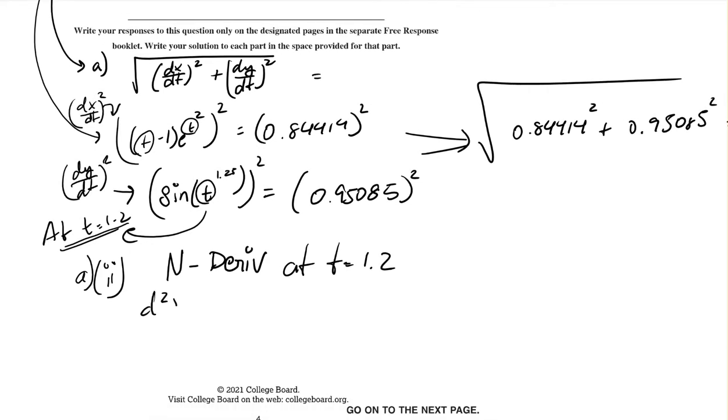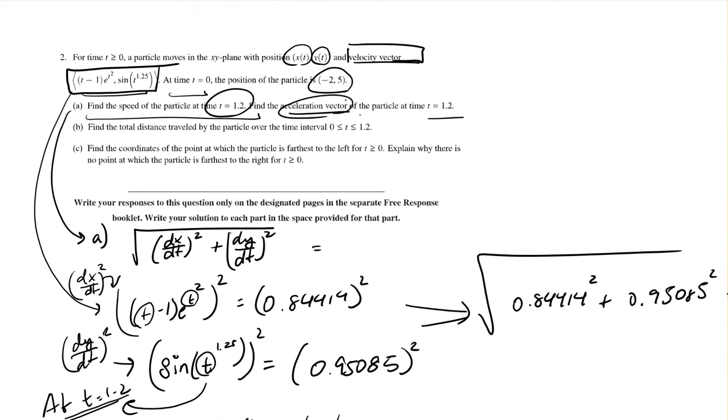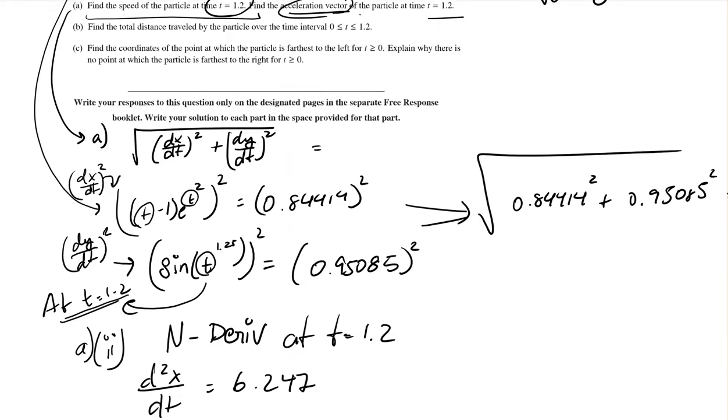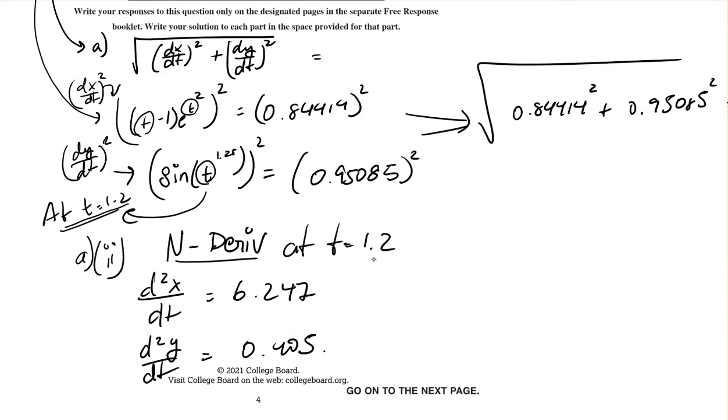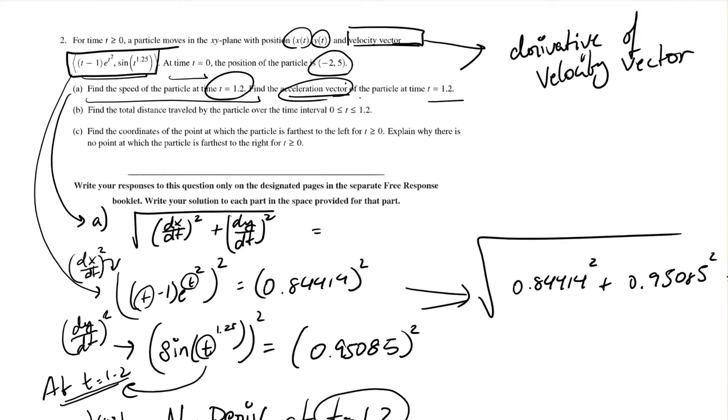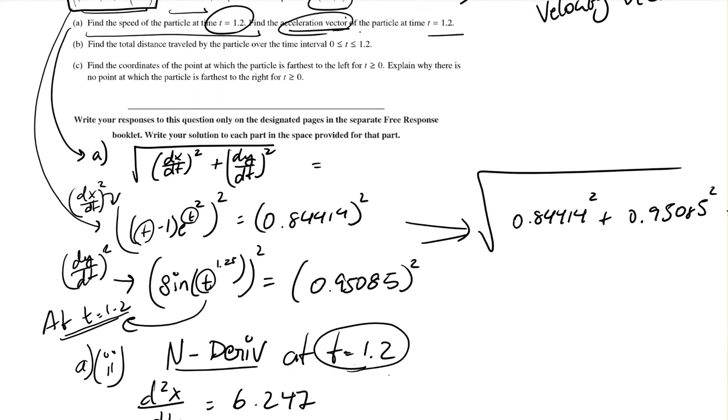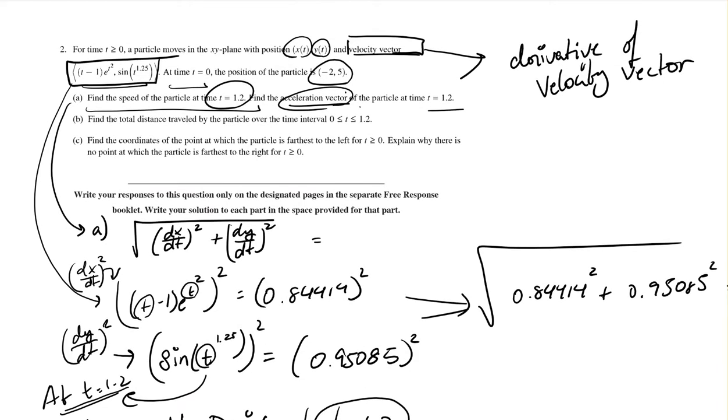You get d squared x/dt squared equals 6.247, and d squared y/dt squared equals 0.405, because to find an acceleration vector, you're taking the derivative of the velocity vector.